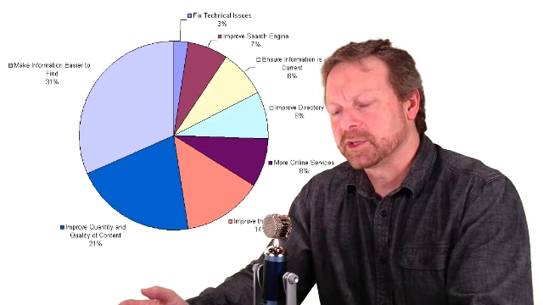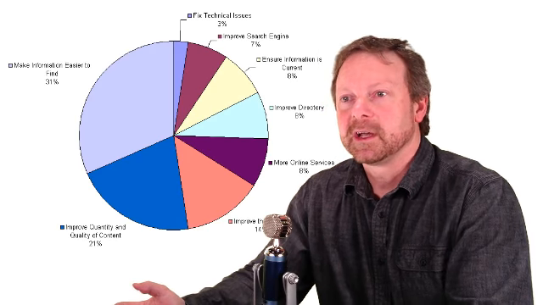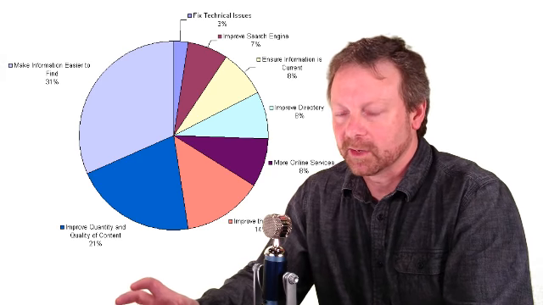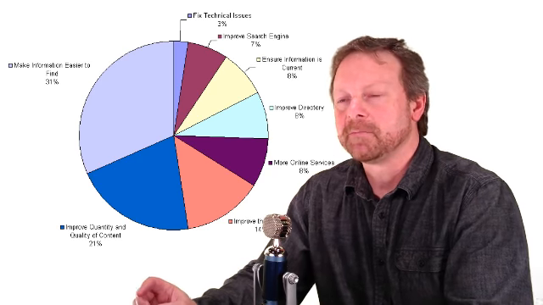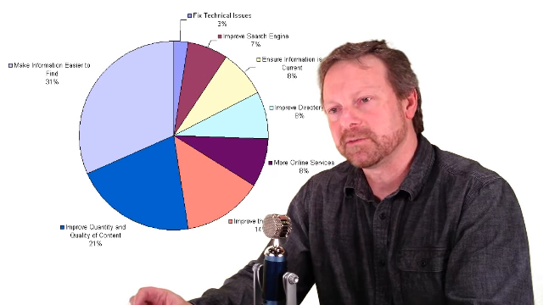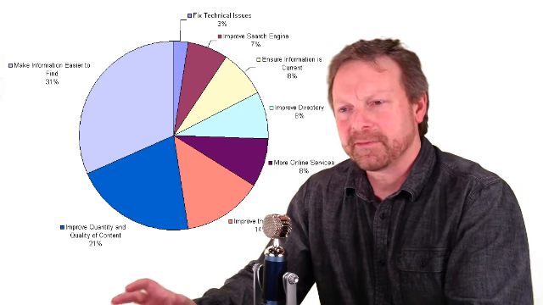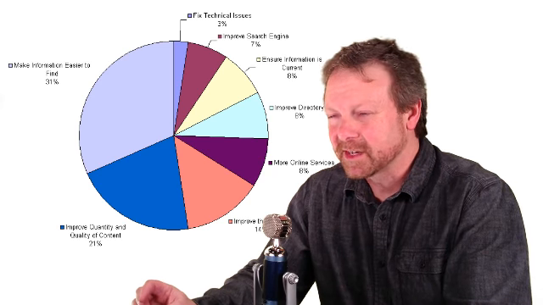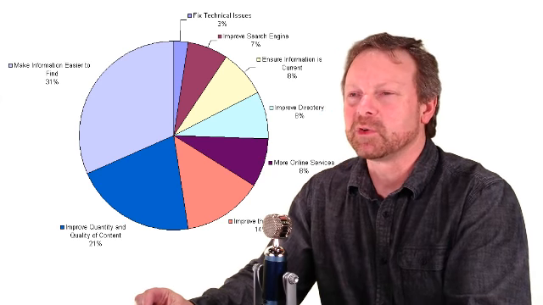Now, when posed the question of how can we improve the site, the public by far wanted the information easier to find. About 1/3 of the people that came to the site wanted things easier to find. About 1/5 wanted to improve the overall quality of the content itself, and about 14% wanted improvement in the design.